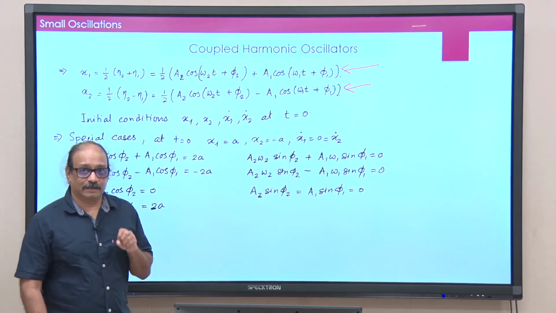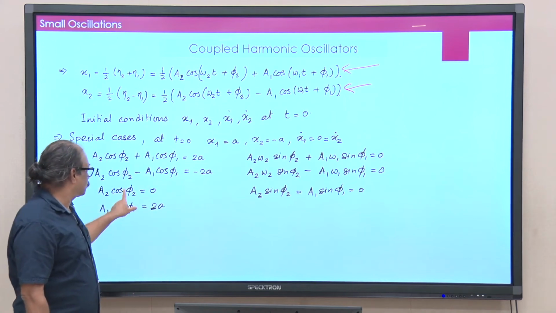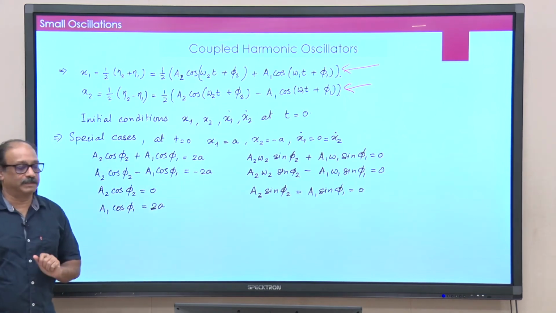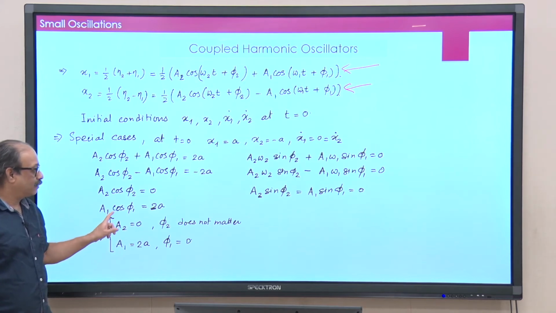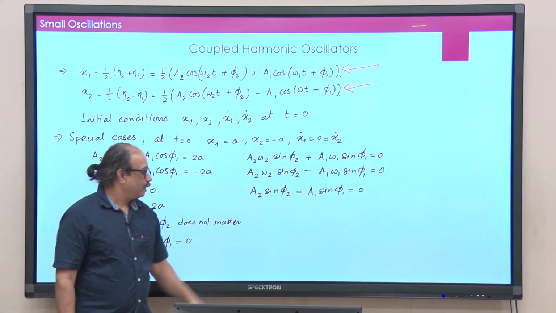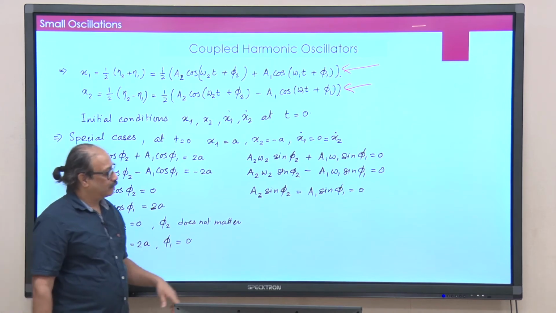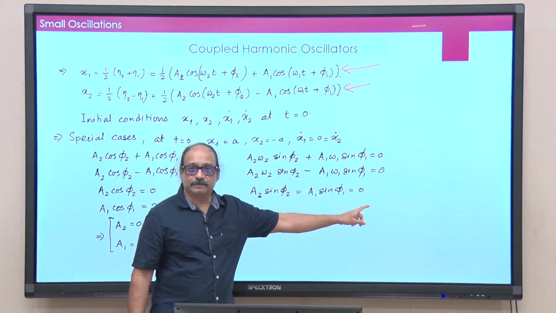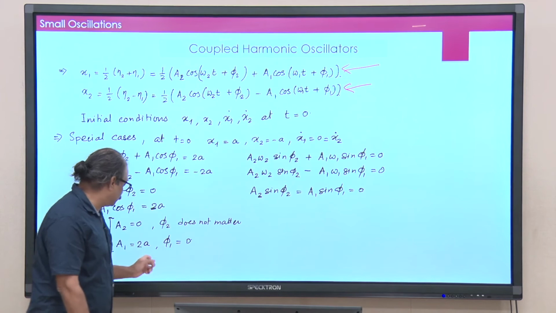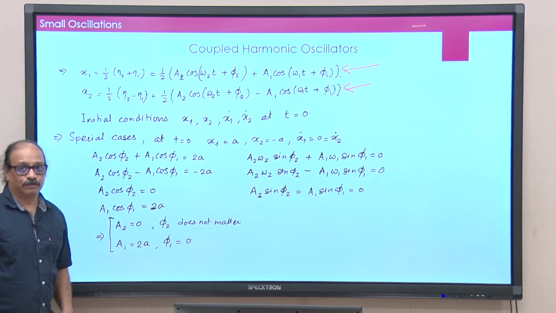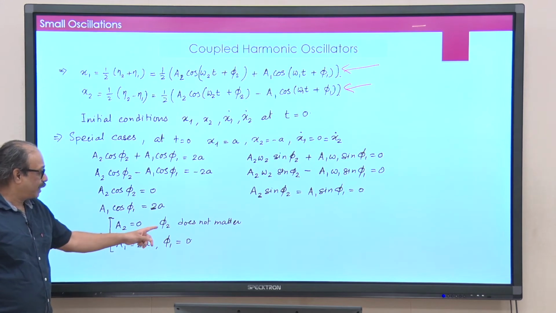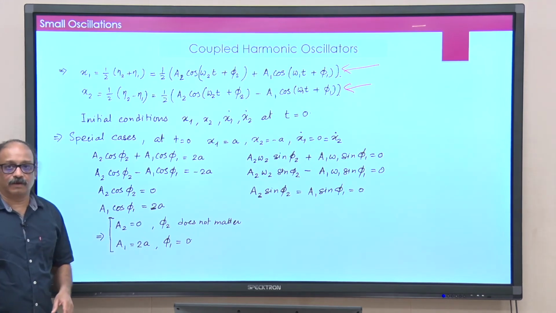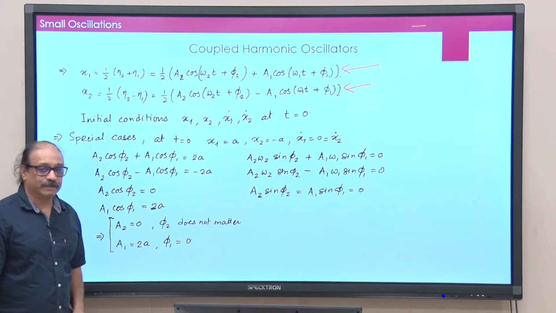So, the necessary result of these two equations is A2 must be 0 and A1, of course, if you look at this one, if A1 is not 0, then quite clearly phi 1 must be equal to 0 and that gives me A1 is equal to 2A there. And phi 1 and phi 2 of course will not matter anymore, but phi 1 must be 0.